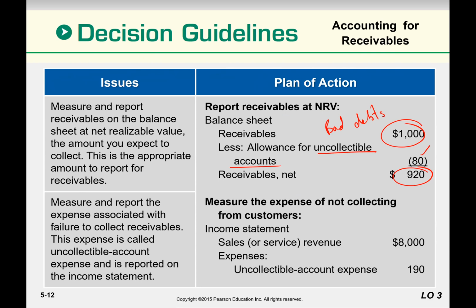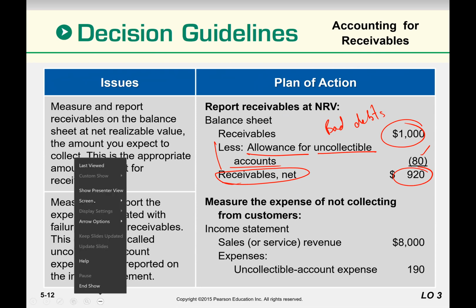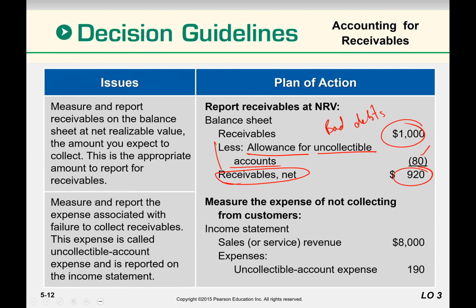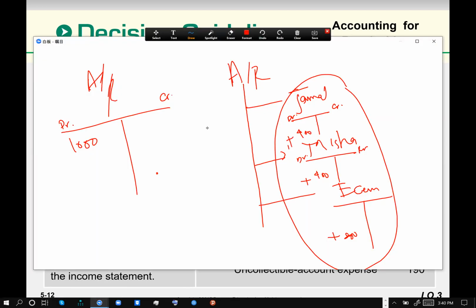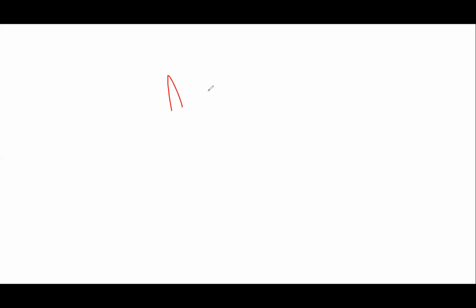So now the question is, why set up this allowance for uncollectible accounts? Why are we deliberately decreasing the amount of assets? So remember, or recall, let me write on the blackboard here. Assets is equal to liabilities plus owners' equity, the balance sheet equation. So we want more assets.